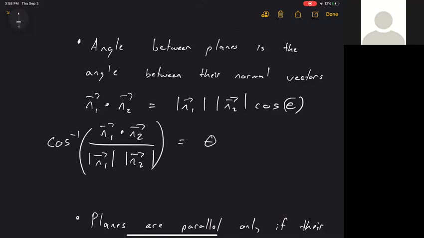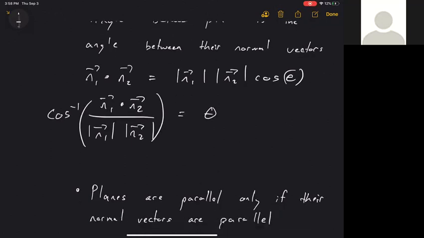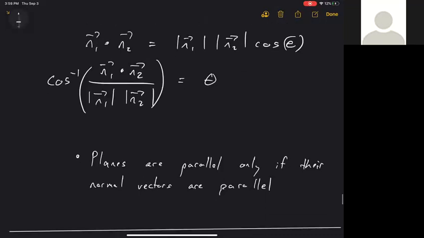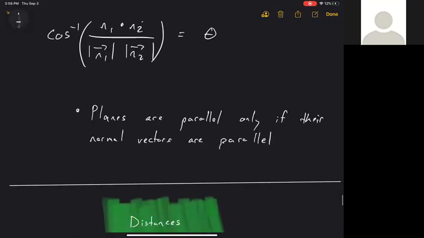And that's going to give me some angle between 0 and 90. Okay. So that'll be my answer there. Two planes are parallel only if their normal vectors are parallel. Okay, so that's a fact there.